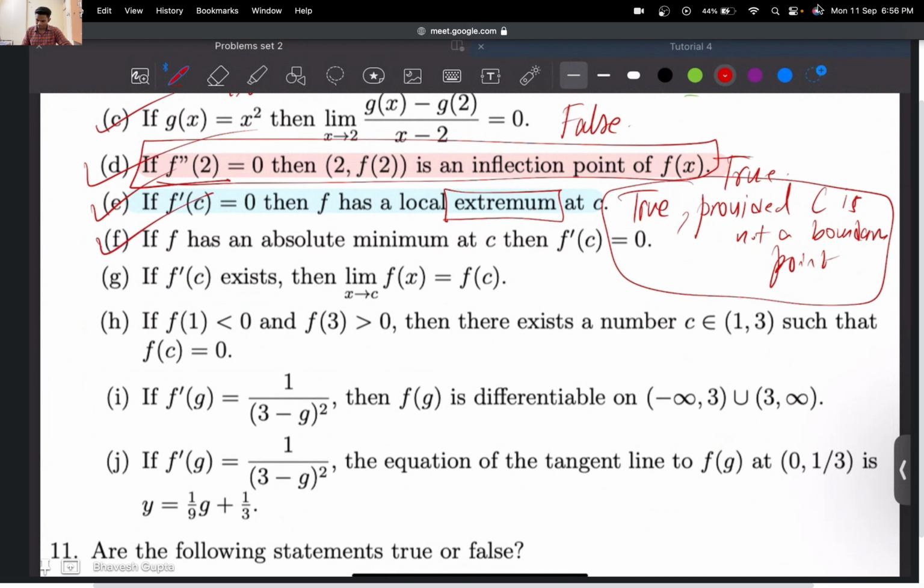And yeah, the next question they have asked is, if f dash C exists, then this is true.